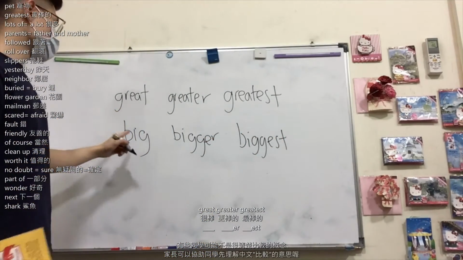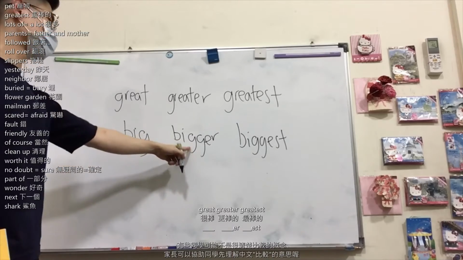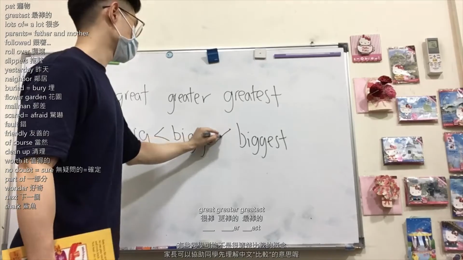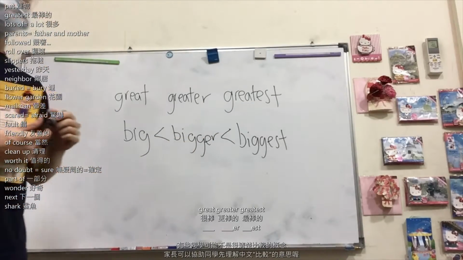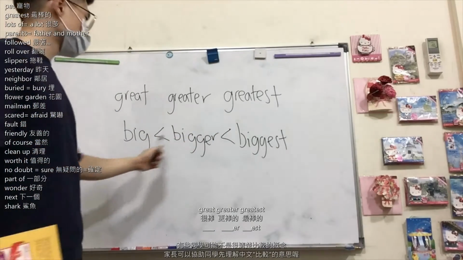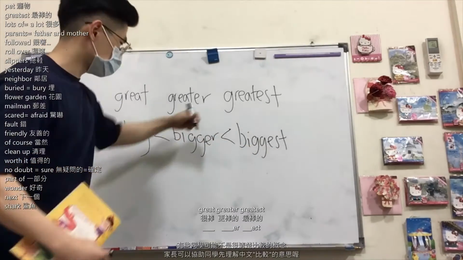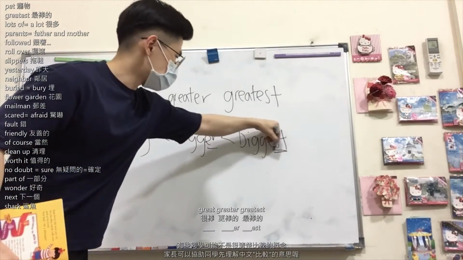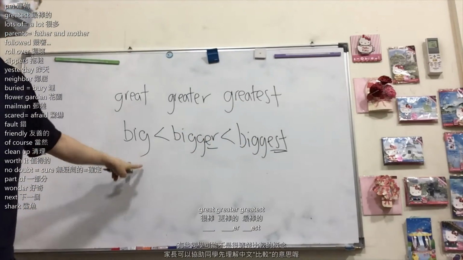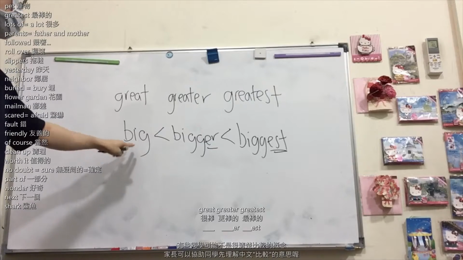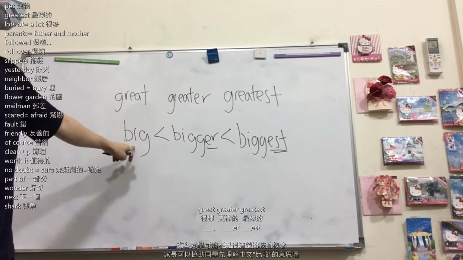So we know that bigger is greater than big, and biggest is greater than bigger. The ER and EST at the back is a comparison, and it shows the degree to which the word is.